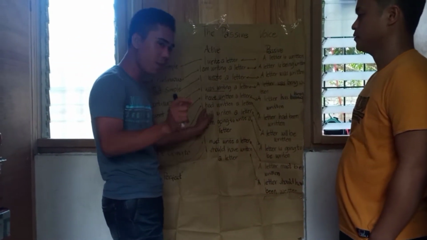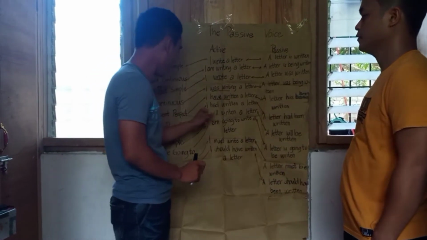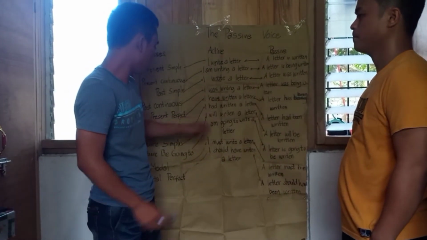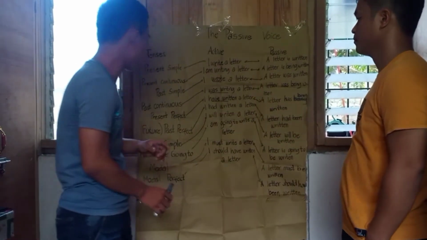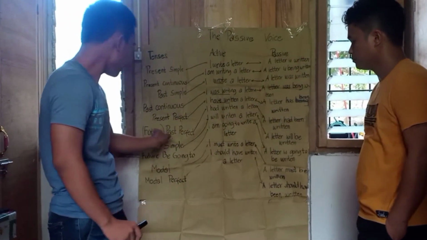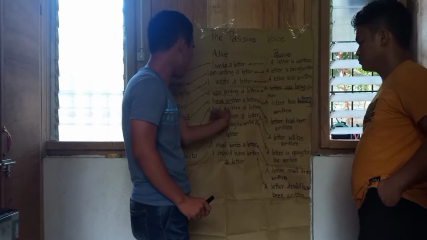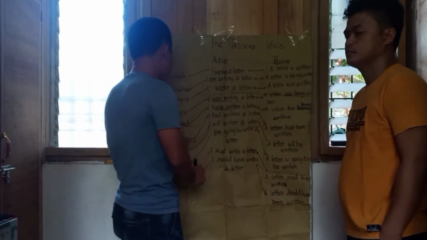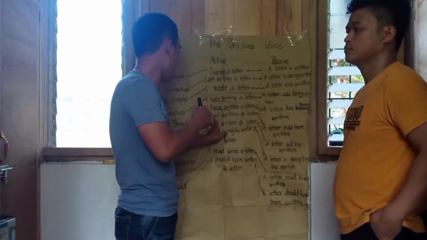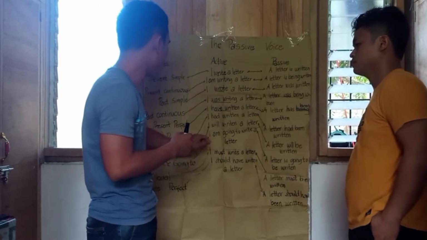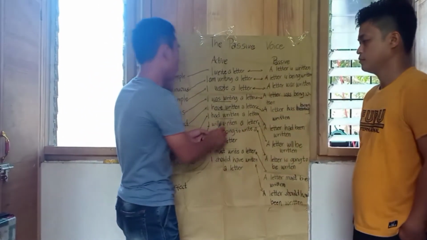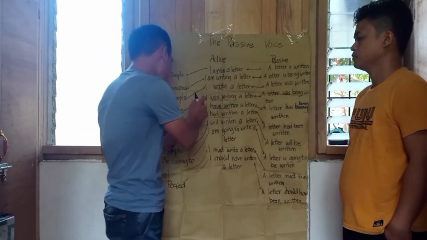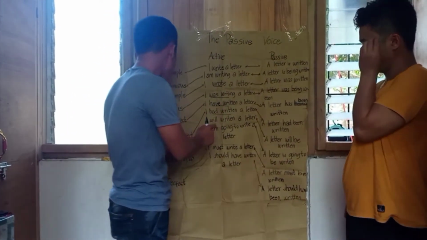One of the examples that I have given is I had written a letter. We identify that this sentence is past perfect because of had written.